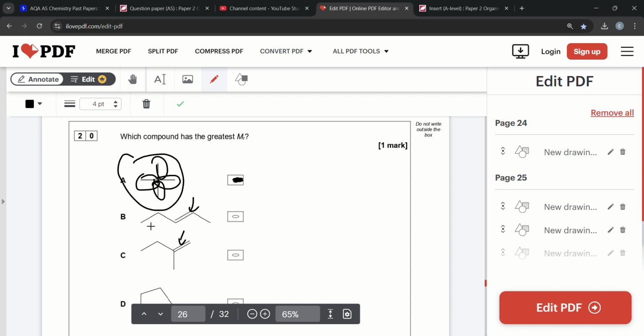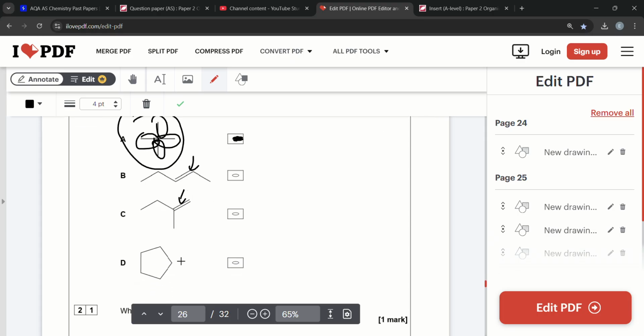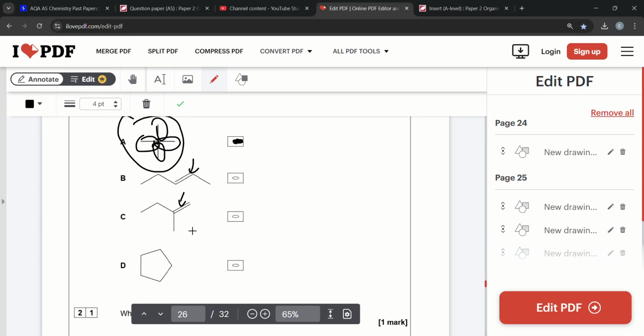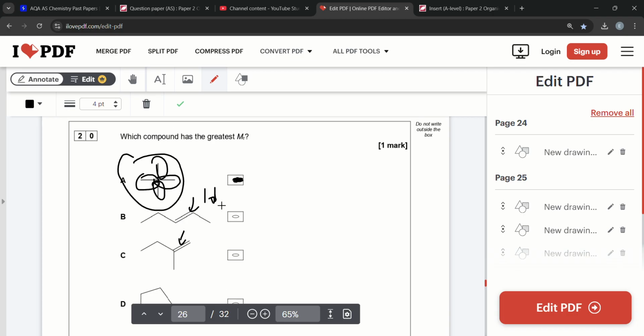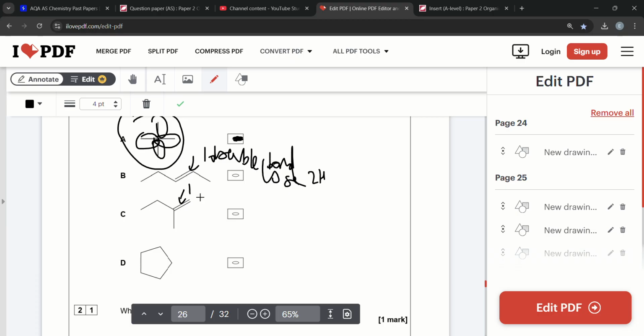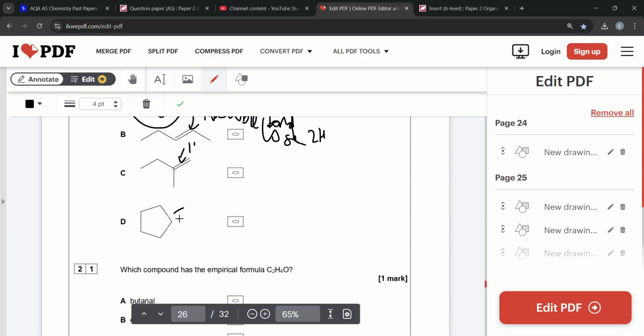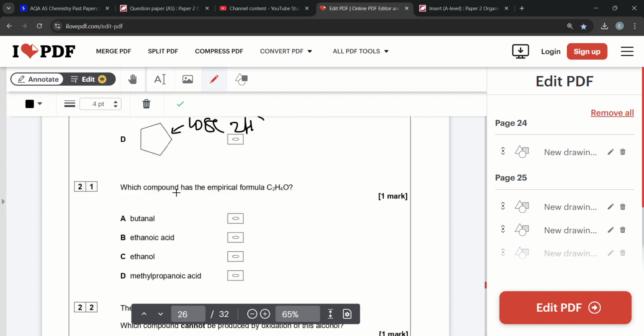They've each got 4 carbons. This one's got a double bond, therefore it's going to lose 2 H's. That's also got a double bond, so it's going to lose 2 H's. And this, because it's a cyclic structure, already loses 2 H's. So the answer is A.